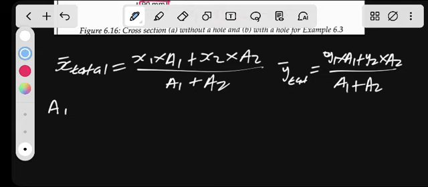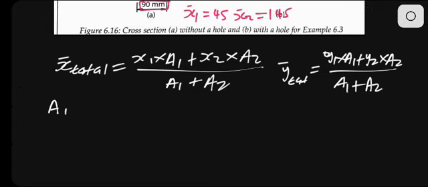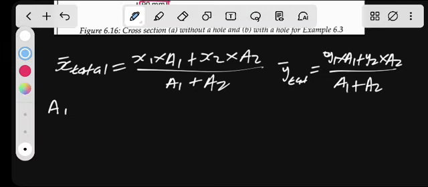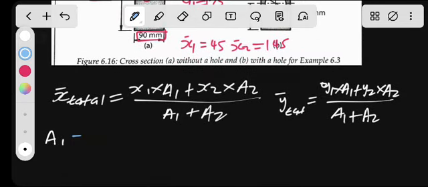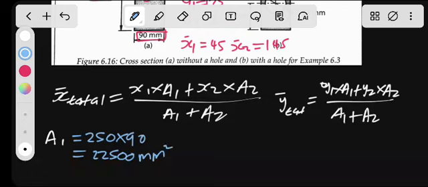What will be area 1? Going there on the top, it's 250 times 90, which gives us 22500 millimeter squared. What about area 2?